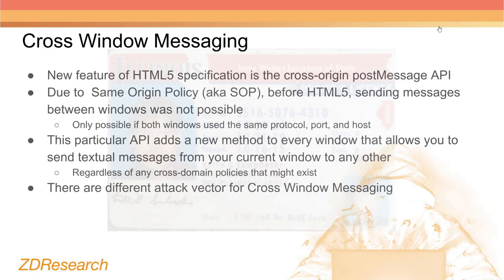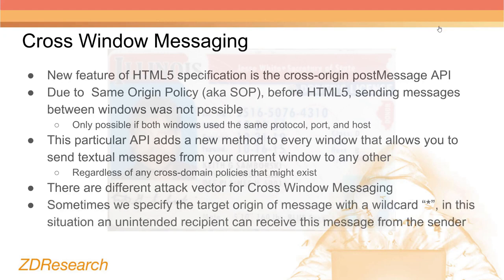There are different attack vectors. There are different things we can do on cross-window messaging, and if there's a vulnerability in a website with regards to cross-window messaging, and a lot of non-famous websites do have these vulnerabilities, especially if the server targets their origin with a wildcard, which is a star, an unintended recipient can receive the message from the sender.